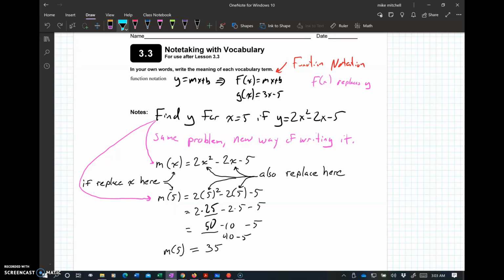Then I evaluate it. So 2 times 5 squared minus 2 times 5 minus 5. 5 squared is 25. 2 times 25 is 50. 2 times 5 is 10. 50 minus 10 is 40. 40 minus 5 gives me 35. And that's what we're going to be doing here, mostly evaluating functions.